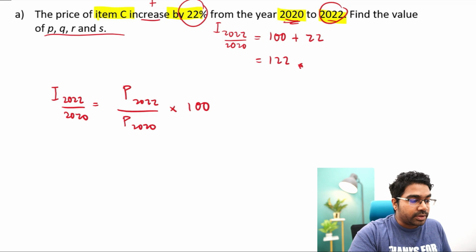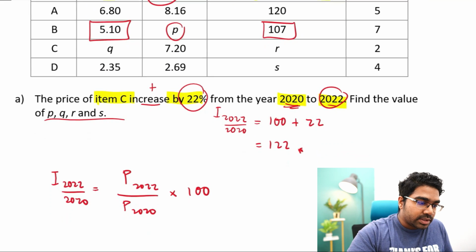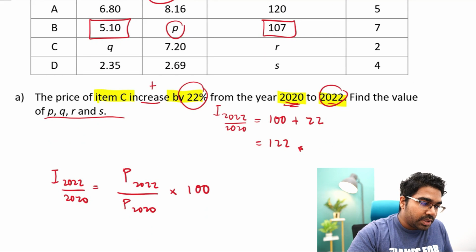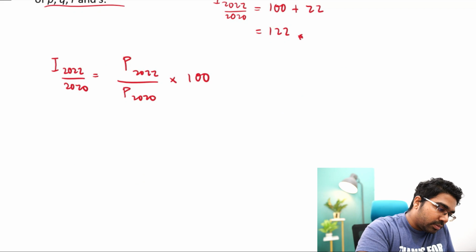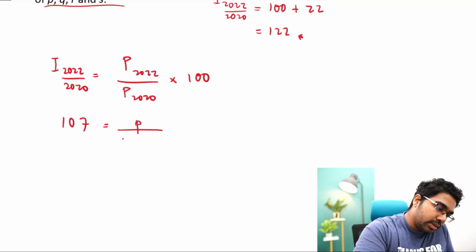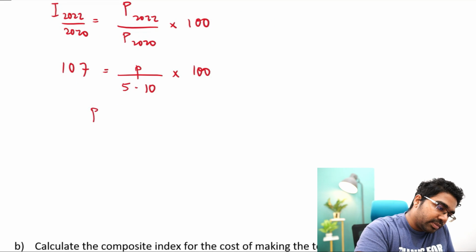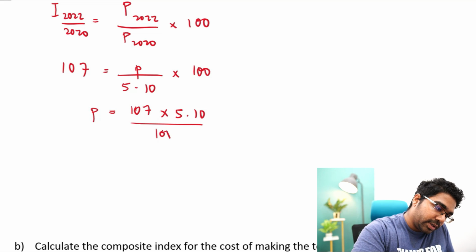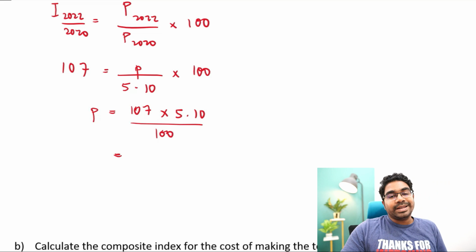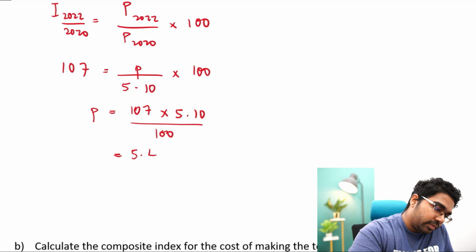So we just substitute 107, P and 510. So 107 equals P over the price in 2020, 510, times 100. And so we're just going to solve this. P will be equal to 107 times 510 over 100. And so the value that you will get is 546. This is the value of P.